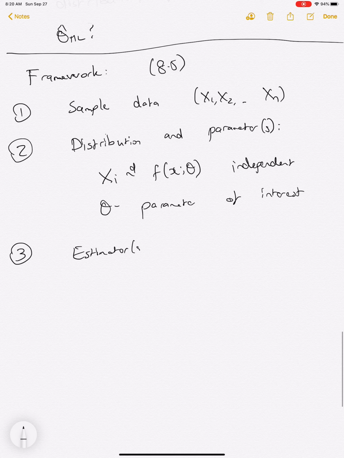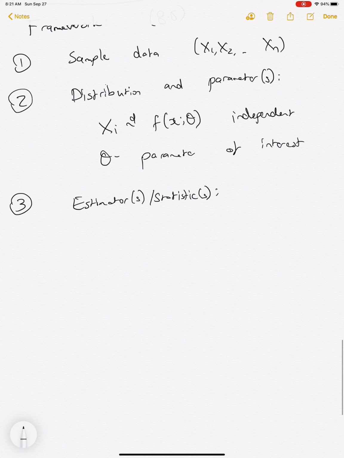Then the other question is the estimator or the statistics. These are functions of the data, and what we've talked about so far is the maximum likelihood estimation.